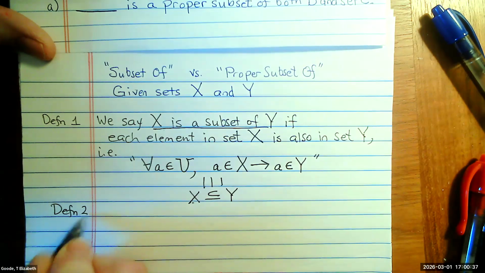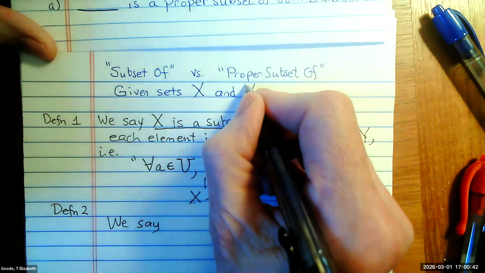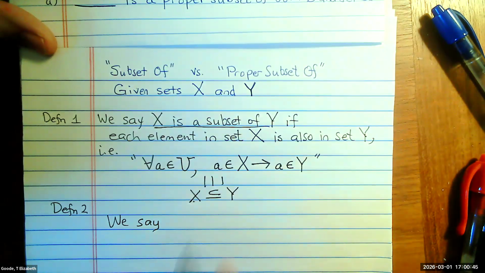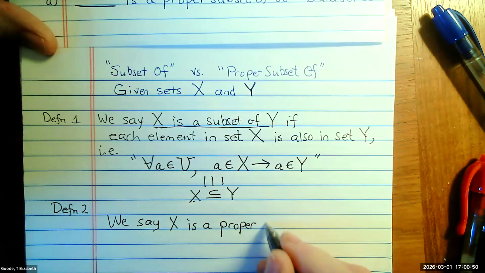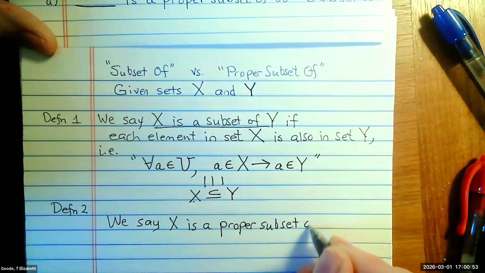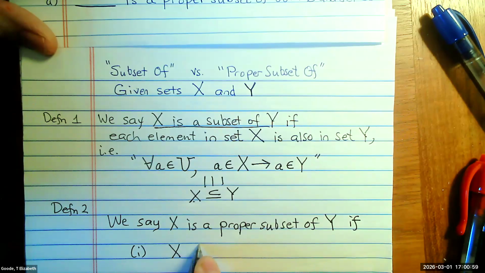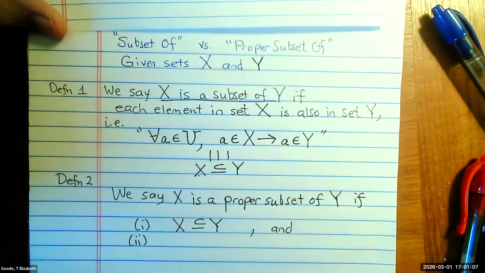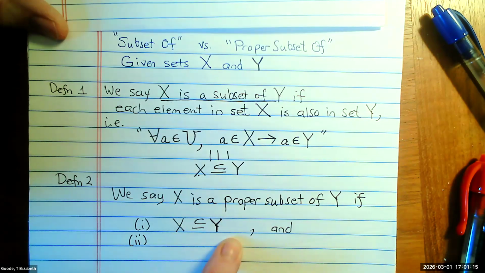Proper subsets a little bit more, still sets X and Y to play this game. We say X is a proper subset of Y if it's a subset. So that's the first thing. X actually has to be a subset of Y. But then, in some sense, Y has to be bigger. There's got to be something in Y that's not in X. You see, because X can be a subset of X. That's always true.